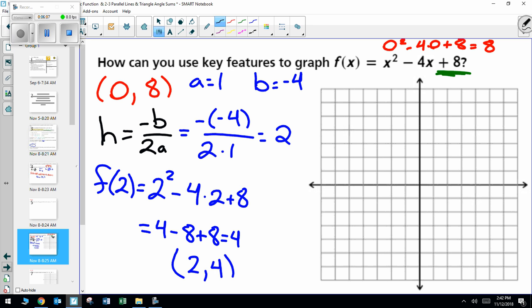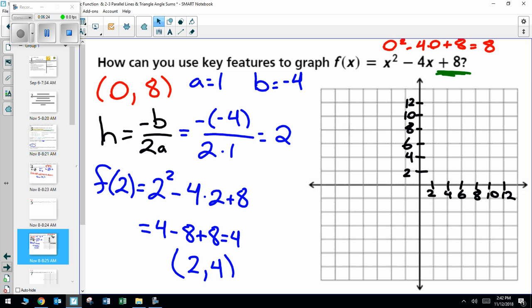So I'm going to go up by 2's on my graph. 2, 4, 6, 8, 10, 12. Same on this axis. 2, 4, 6, 8, 10, 12. And if I plot my intercept, it's going to hit the y-axis at 8.